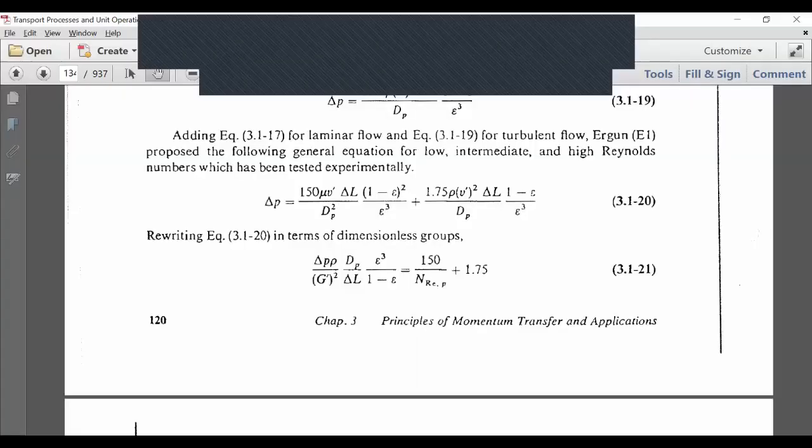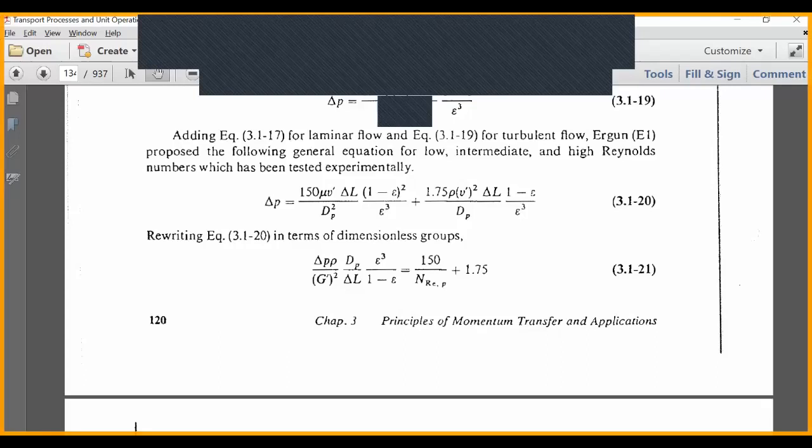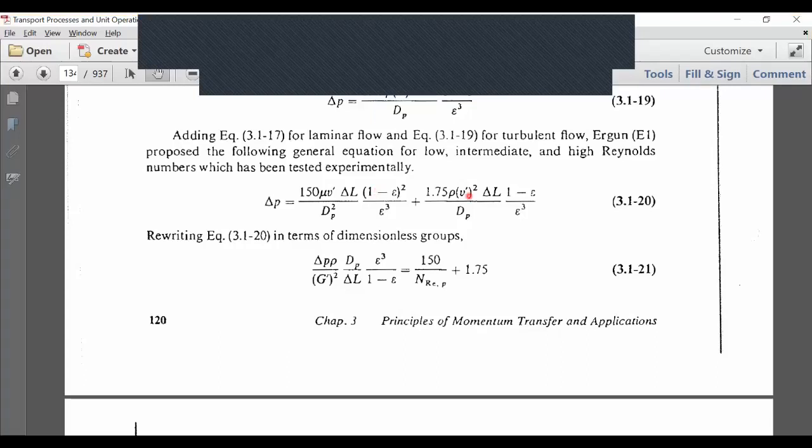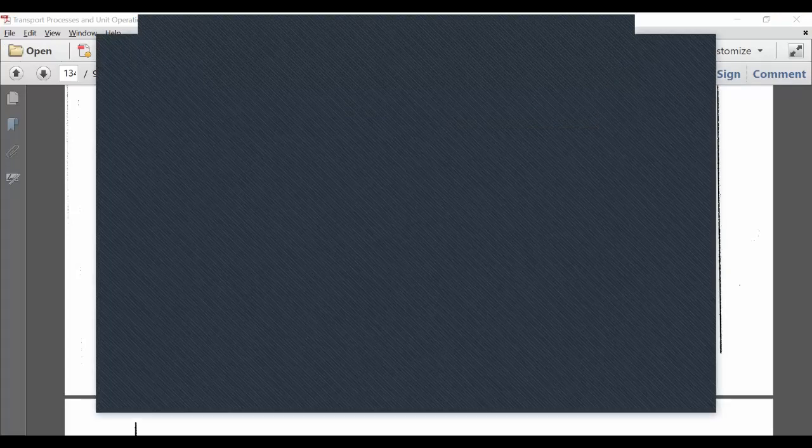So we can use this or this. The general equation is 3.120 here. However, after some rearrangement, it becomes a dimensionless equation, so it becomes like this.